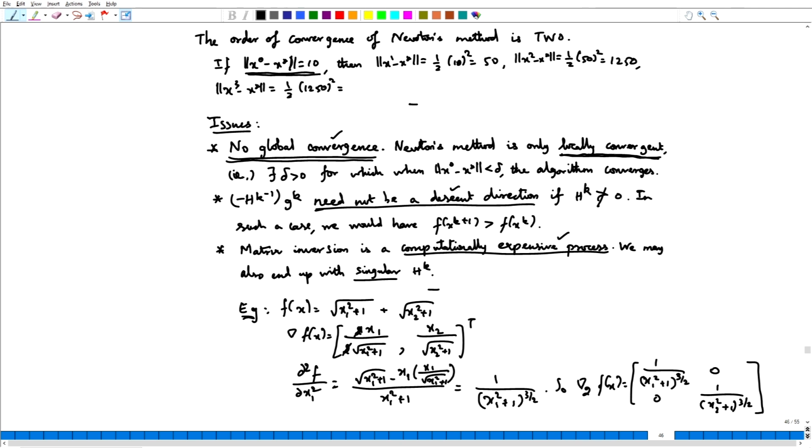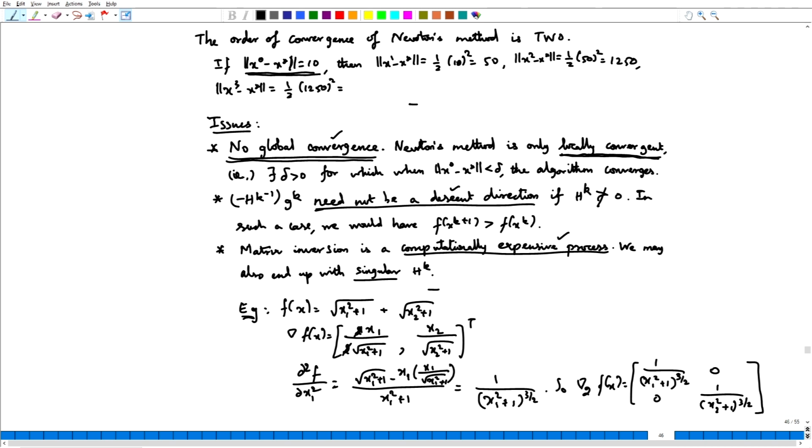You can also see that in the damped Newton's method and modified Newton's method, we still have this computationally intensive process, either H inverse or h k plus lambda I the whole inverse.